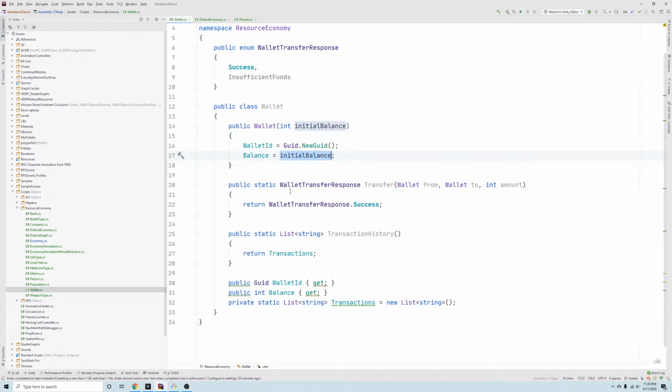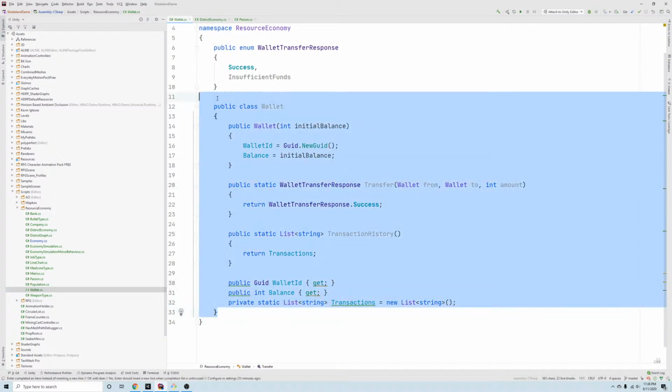It should always be the sum of all wallets' balances. That could be implemented using global static variables to keep track of all transactions. Something like this. This is a rough idea.